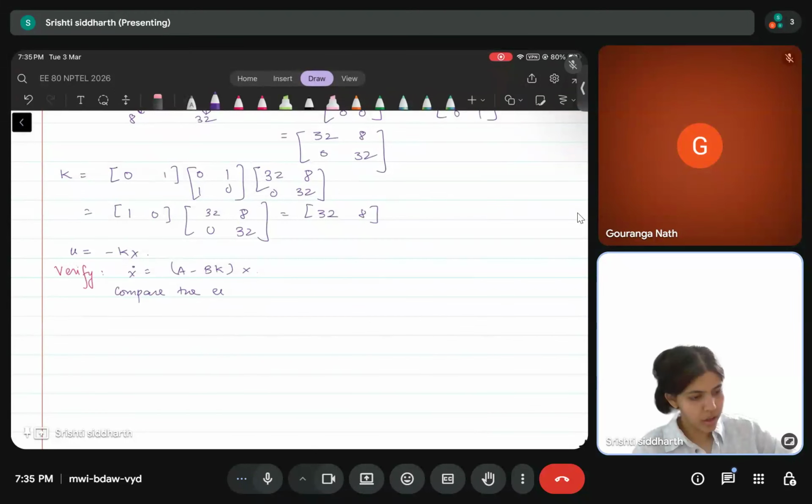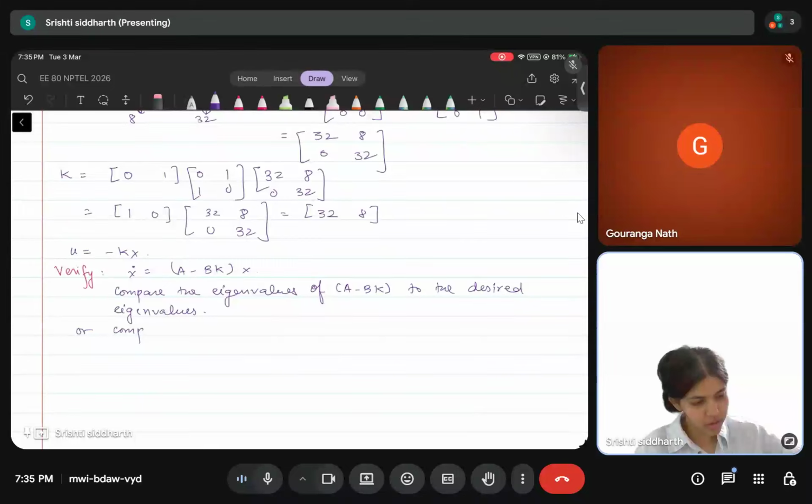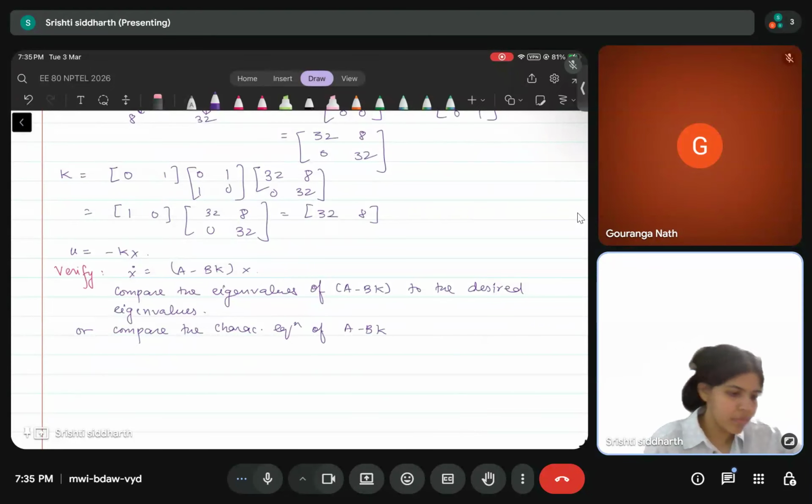We compare the characteristic equation of A minus BK with that characteristic equation.